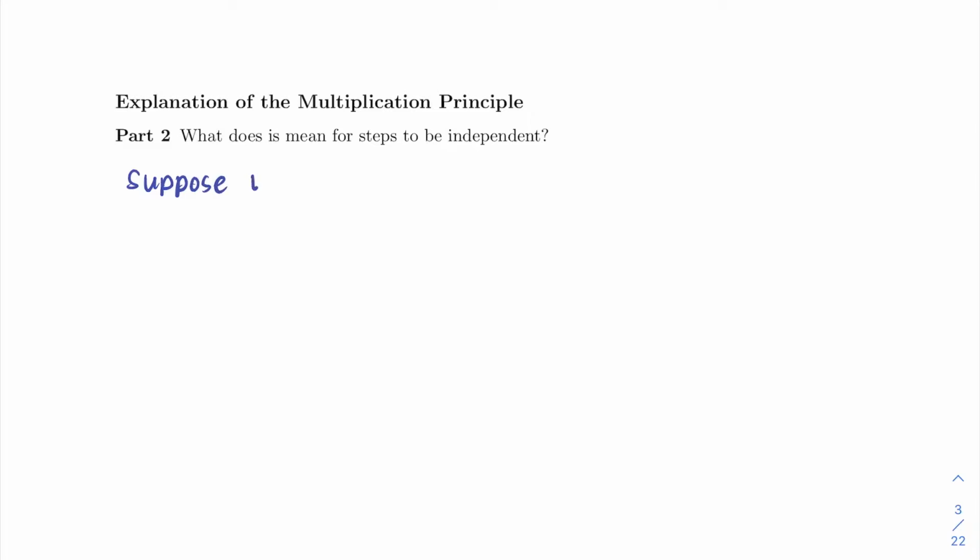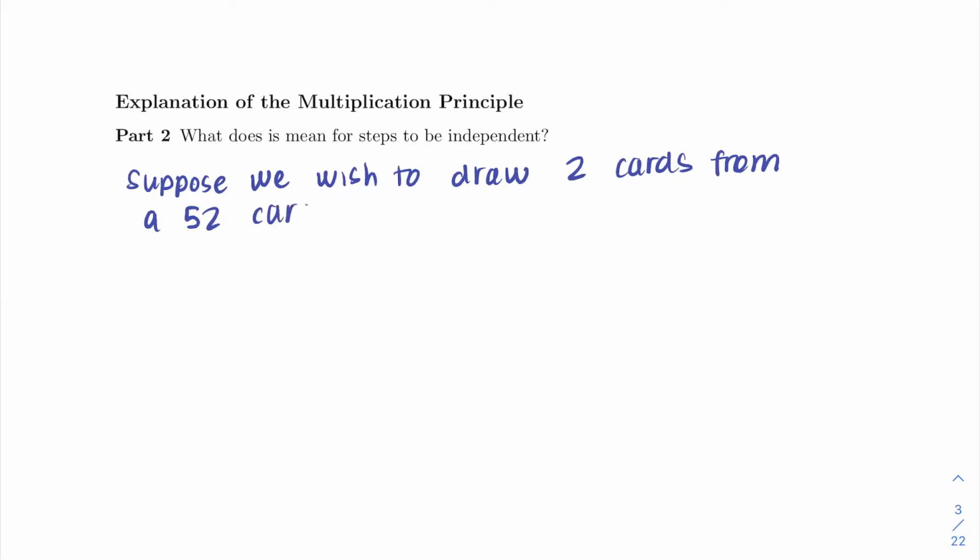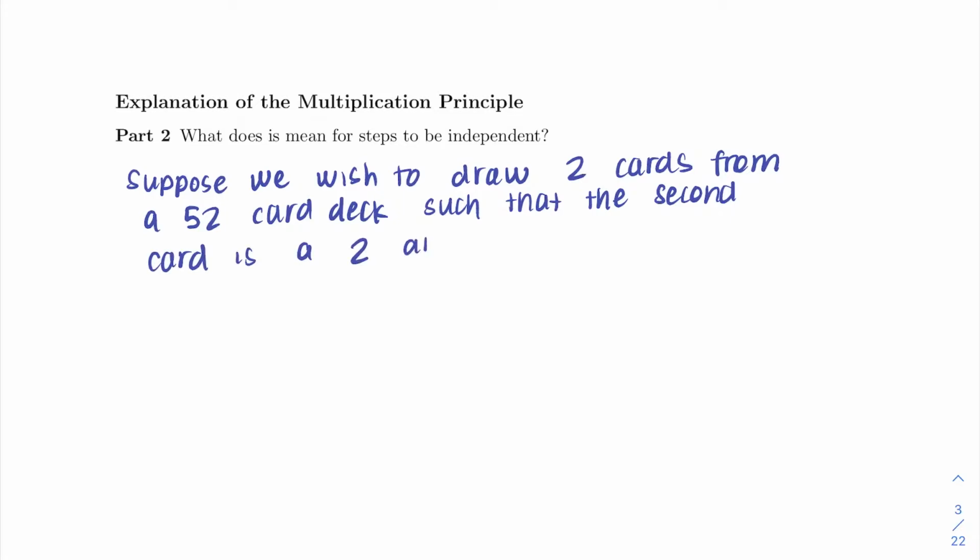Suppose we wish to draw 2 cards from a 52 card deck such that the second card is a 2 and the first card is anything.